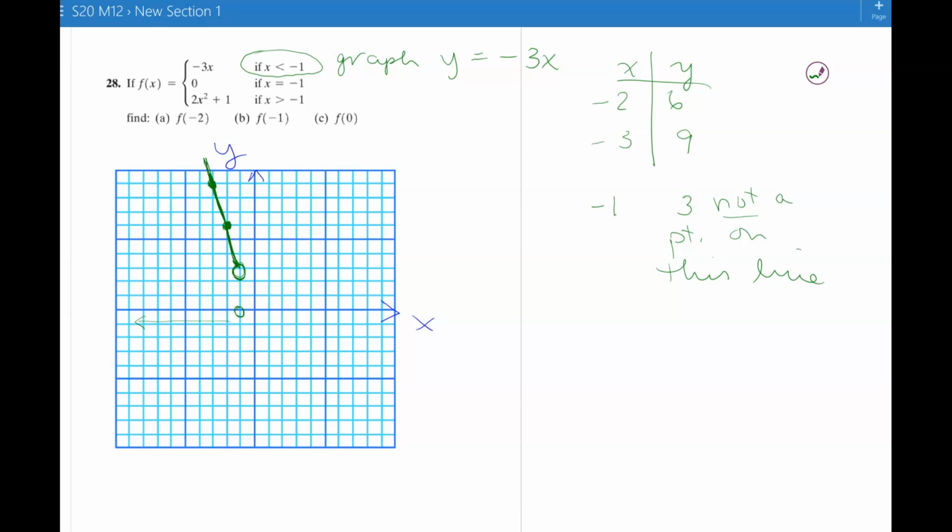Then the next piece says if x is equal to negative 1, then y is equal to 0. So that says make a solid dot at negative 1, 0. And then it says for x values greater than negative 1, y equals 2x squared plus 1.